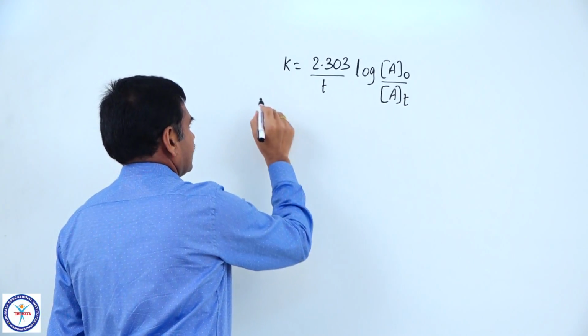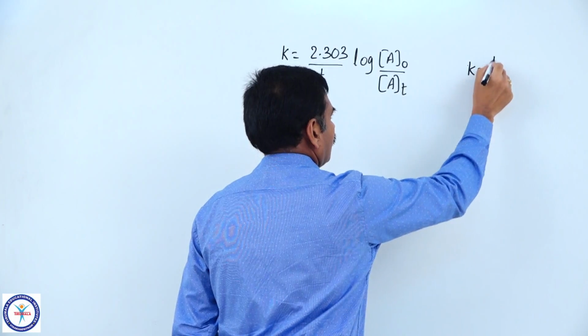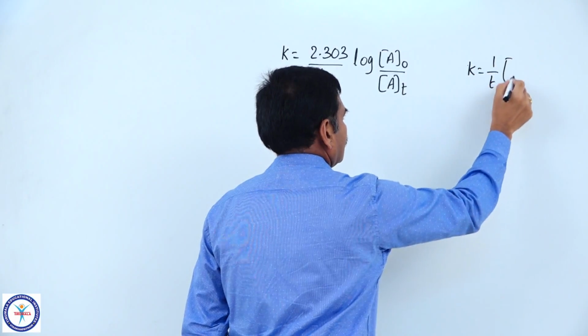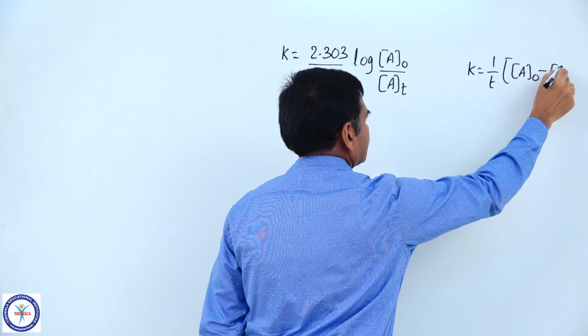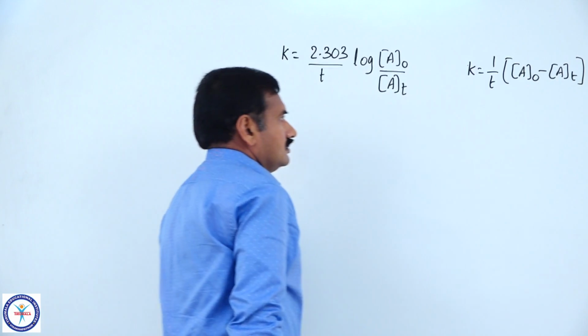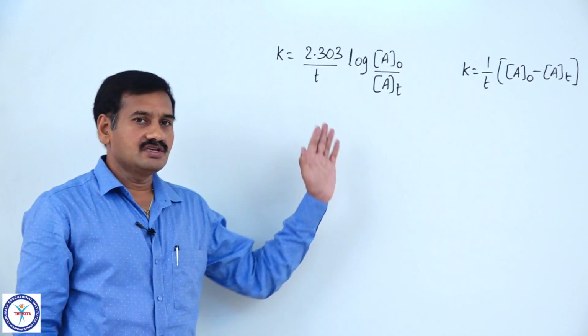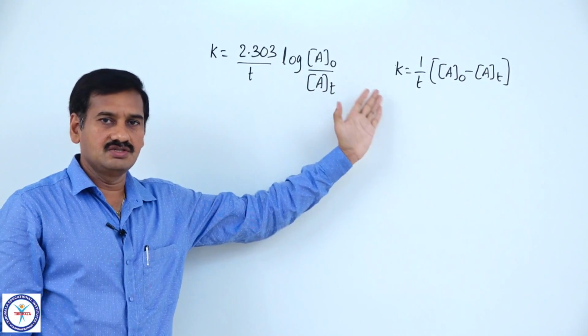Similarly, for a zero order reaction, K equal to 1 by t into initial concentration A naught minus concentration of reactant left in time t. So, these are the equations of rate constant for first order and zero order reactions.